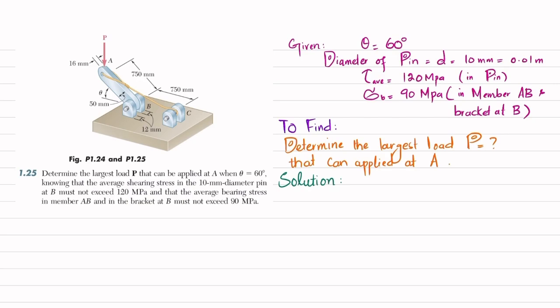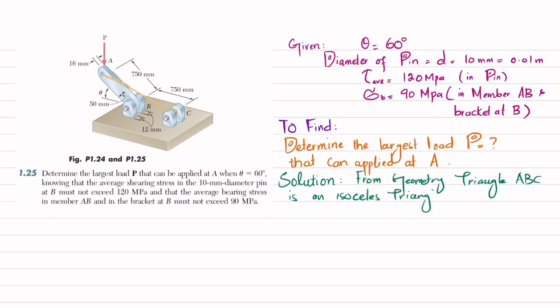If you look at this diagram, you will see that this length is given as 750 millimeter and this length is also 750 millimeter, and this rope will also attach. So it will make an isosceles triangle. From geometry, triangle ABC is an isosceles triangle.